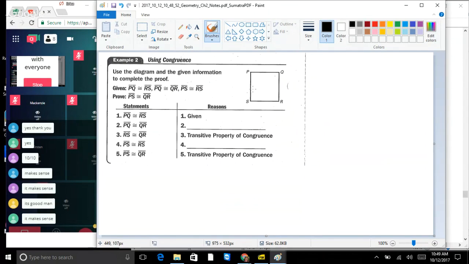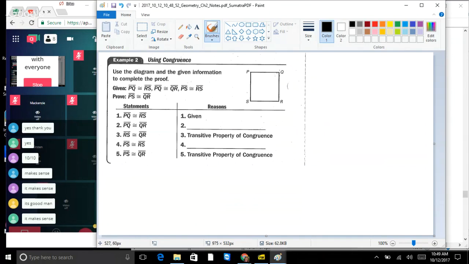Okay, so use the diagram. They give you a picture and the given information to complete the proof. What we have is that PQ is congruent to RS, so basically the top and the bottom line.